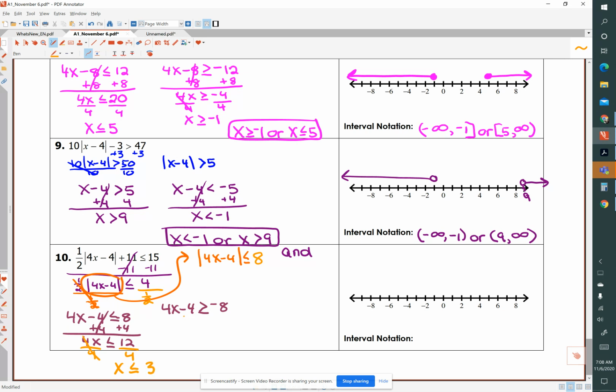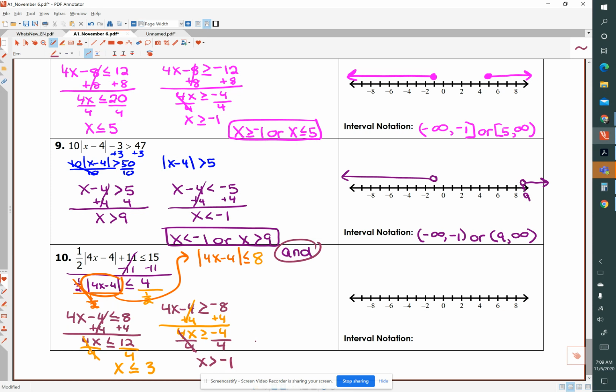On the right side inequality, we'll add 4 to both sides. 4x is greater than or equal to negative 8 plus 4, which is negative 4. So we'll divide both sides by 4. And x is greater than negative 1. So remember, this is an and inequality.